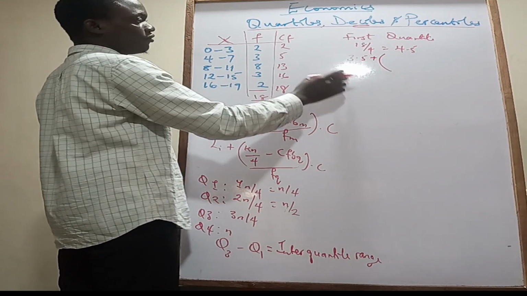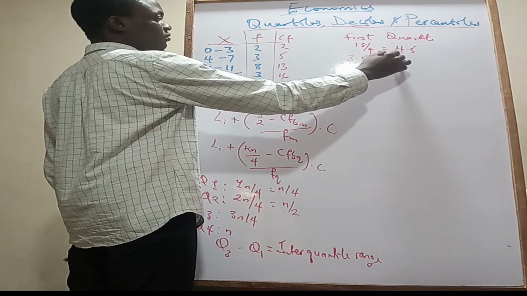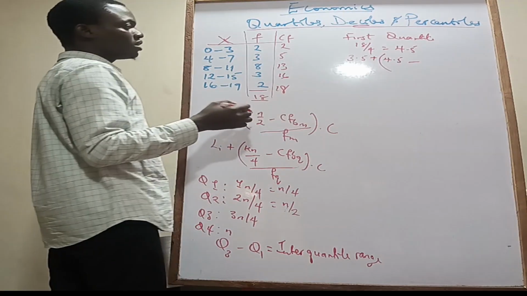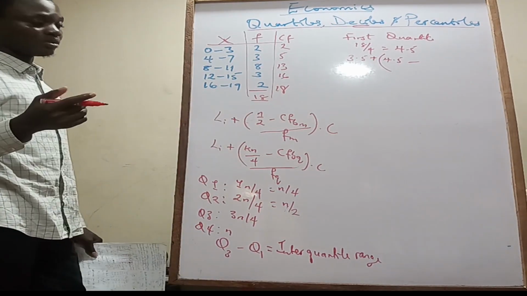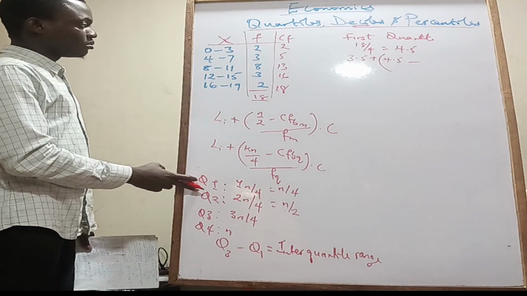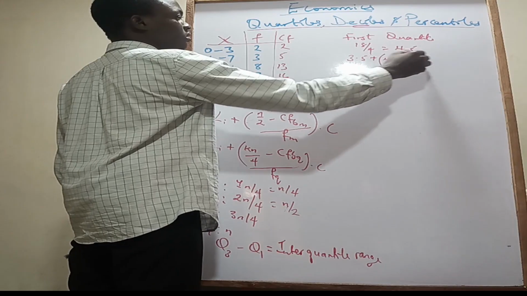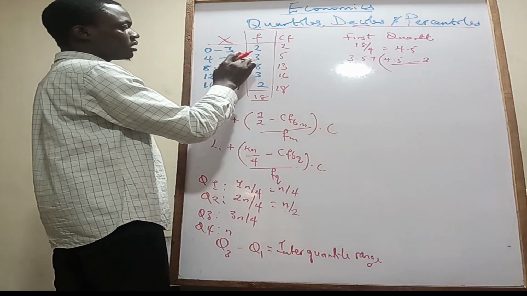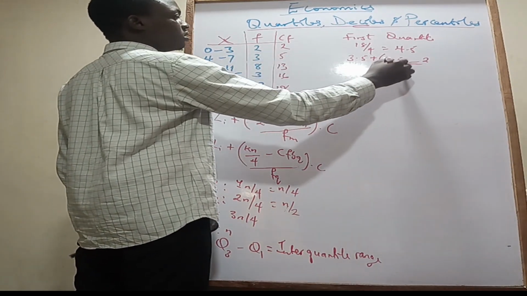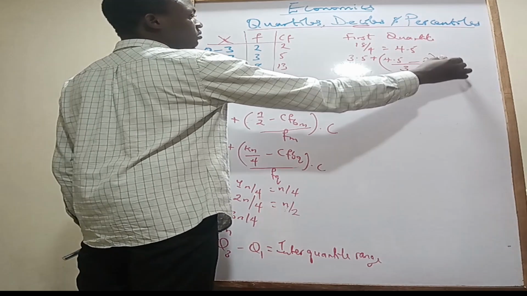plus n over 4, which you've already gotten, 4.5, minus the cumulative frequency before the quartile class, since we're looking for Q1, and that is 2, divided by the frequency of the quartile class, which is 3, then multiplied by 4.